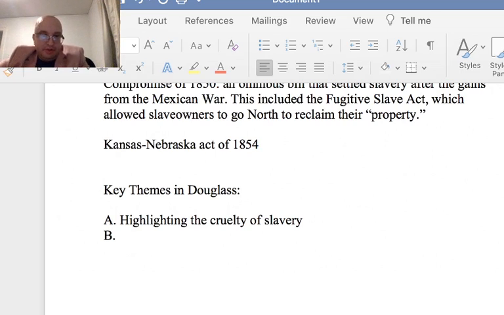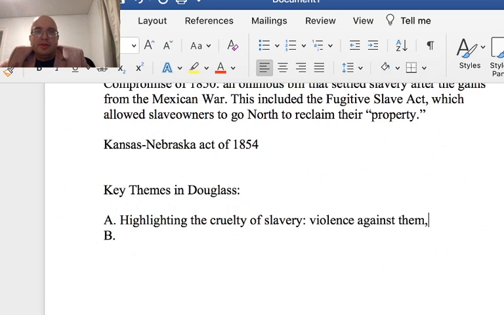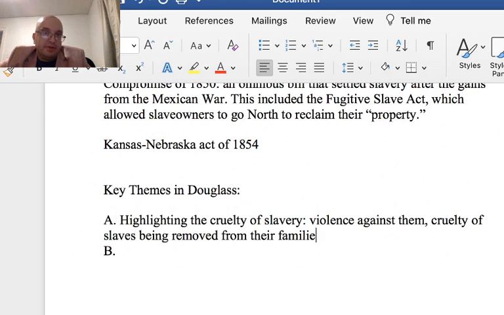So whenever we're saying the cruelty of slavery, we should probably be more specific. So, violence against them, and the cruelty of slaves being removed from their families, right?